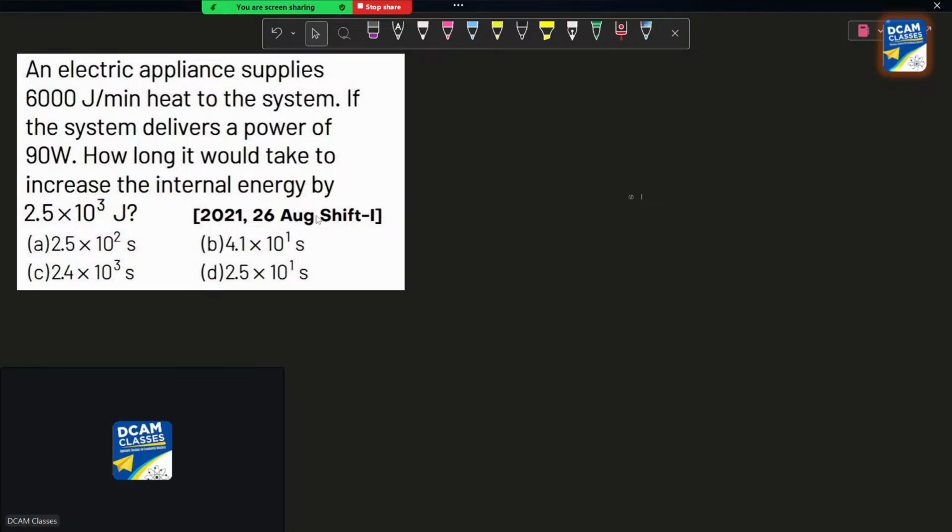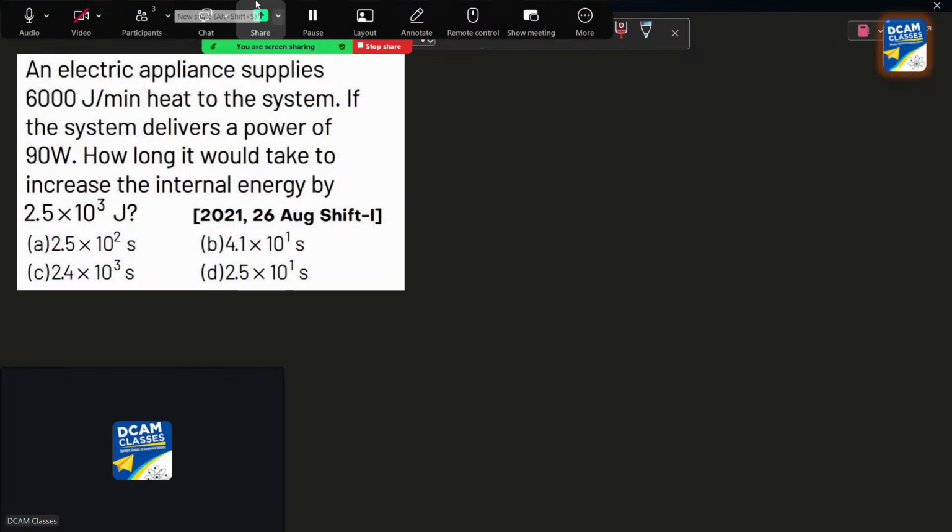No, they're saying it's 2.5 into 10 power 2. It's not 25.